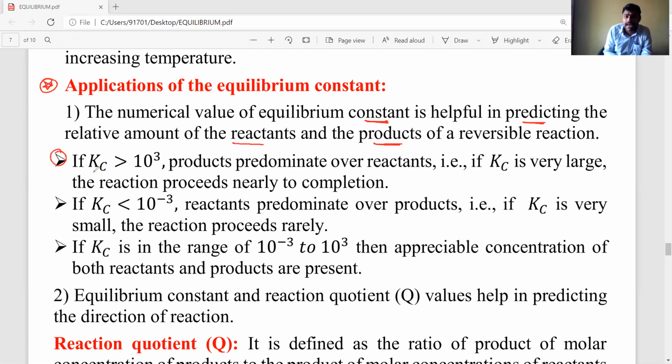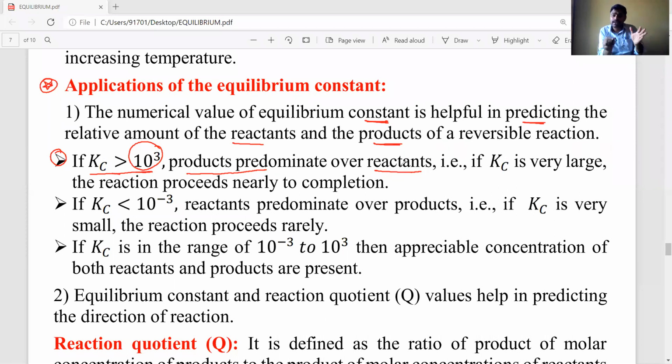If the Kp or Kc value is more than 10 to the power of 3, meaning 1000, it indicates that products are predominant, meaning the amount of products is more than reactants. The products are predominant over reactants.